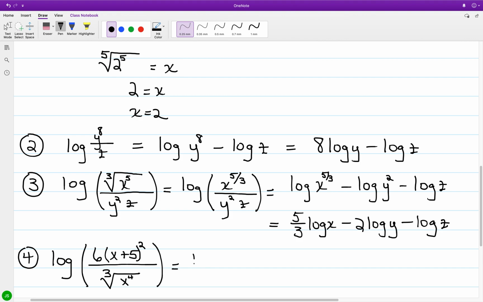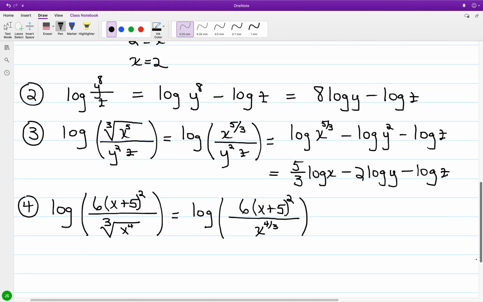And if I rewrite the radical as an exponent, so just modifying the ratio, we still have 6 times the square of x plus 5, and this is going to be all over x raised to the 4/3.